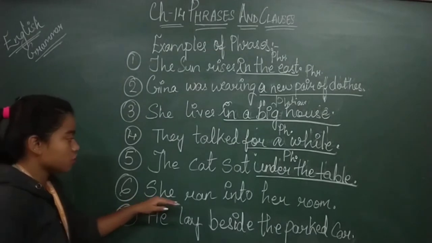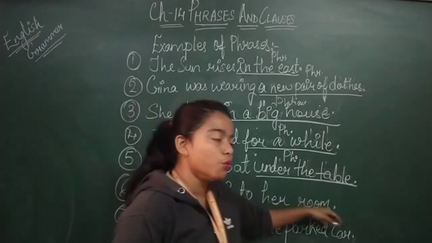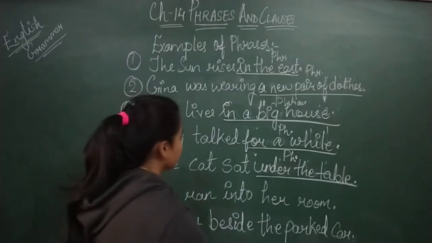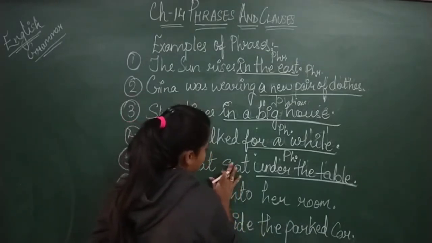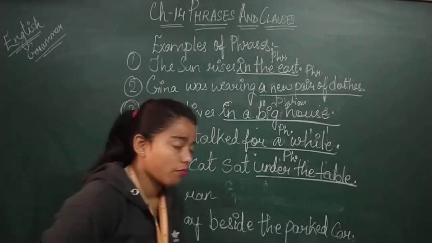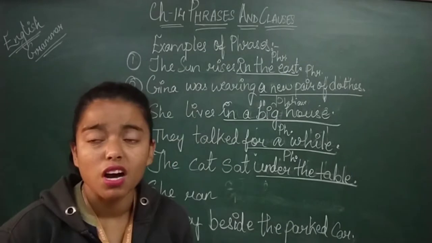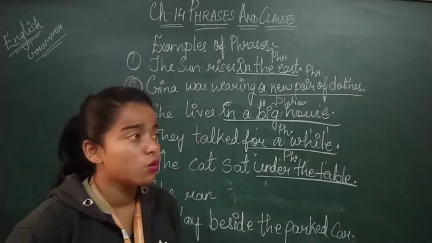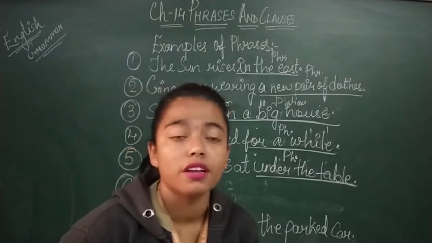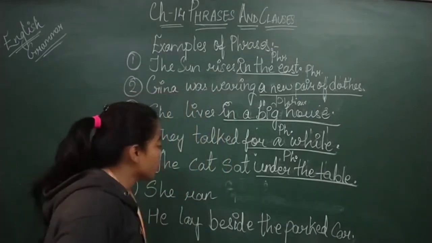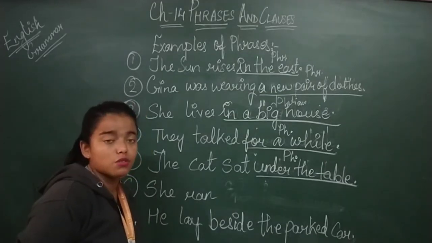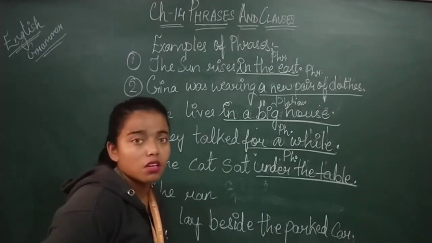Now sixth, she ran into her room. If I say "she ran," where did she run, how did she run? We know how she ran from here. Where did she go after running? We don't know because it is an incomplete sentence. So how does it make a phrase? Is it a phrase now, students?